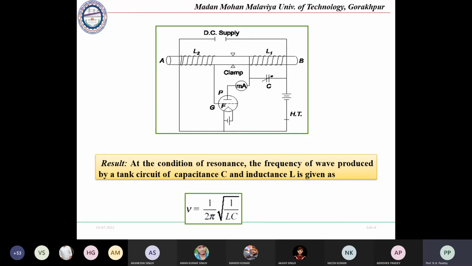And whenever it vibrates, again there will be a change in the flux related to L2 and L1. And the change in flux will be compensated by the varying value of the capacitor C. And hence, when the frequency of the oscillations built up in the tank circuit, or the tuned circuit formed by L1 and C, is equal to the frequency of vibration of the rod AB, then there will be resonance.